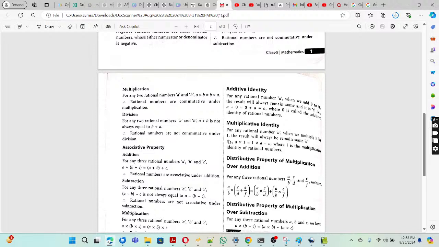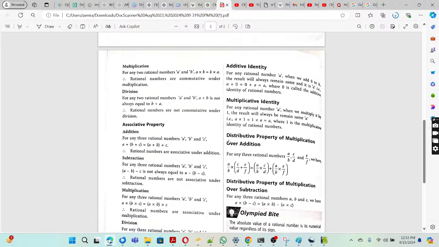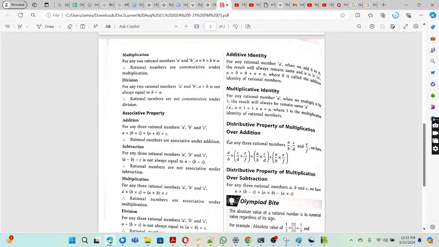So, associative property. Associative means three rational numbers are taken. a plus b plus c: (a plus b) plus c is equal to a plus (b plus c). Addition is associative. But subtraction is not associative: (a minus b) minus c is not equal to a minus (b minus c), because that value will change.